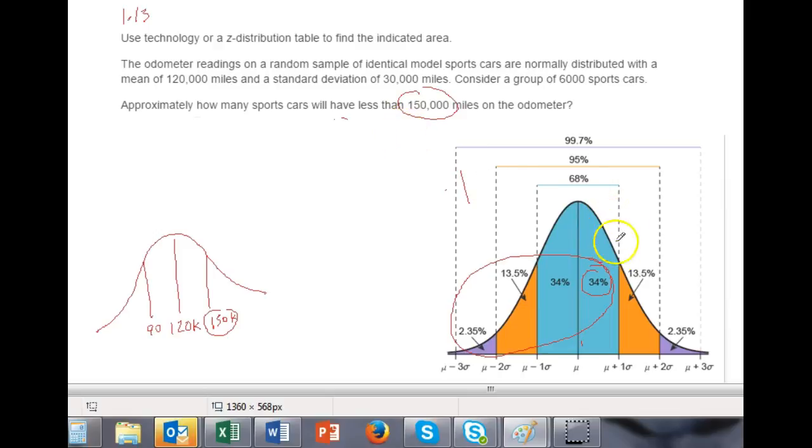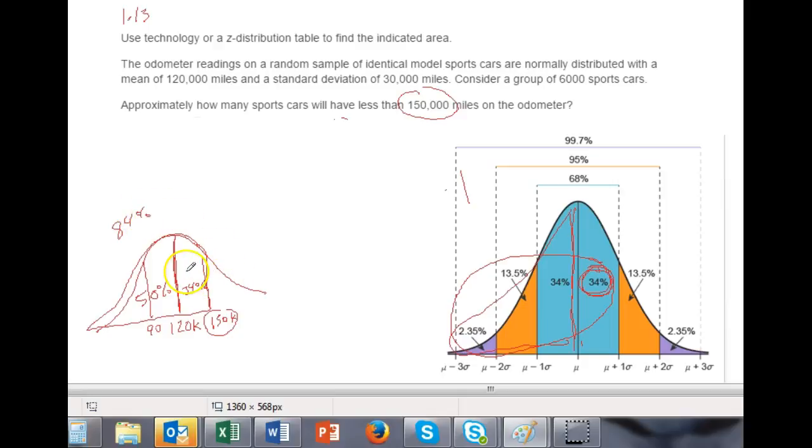So from our chart, we can see that this area right here is 34%, plus the other half. Remember, this median line cuts in half, so the whole thing over on the left side past the median is 50%. So the total area here is going to be 50 plus 34, or 84%.